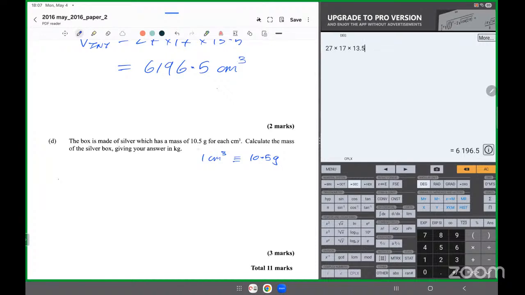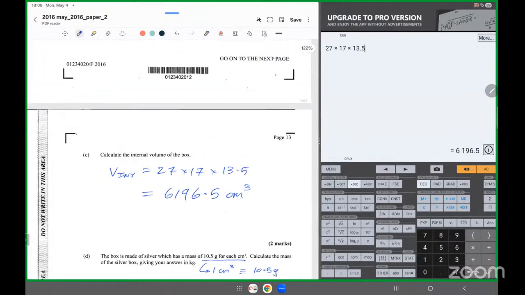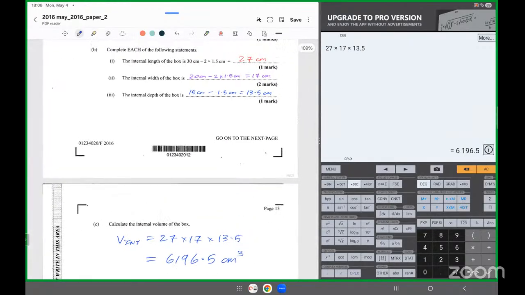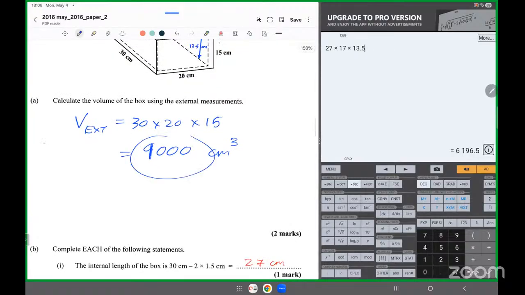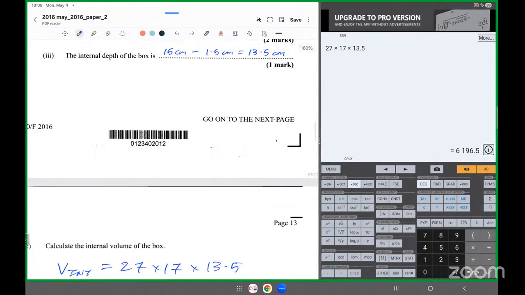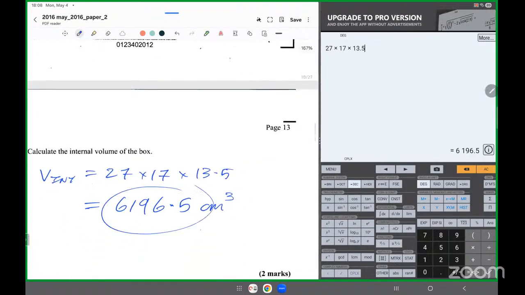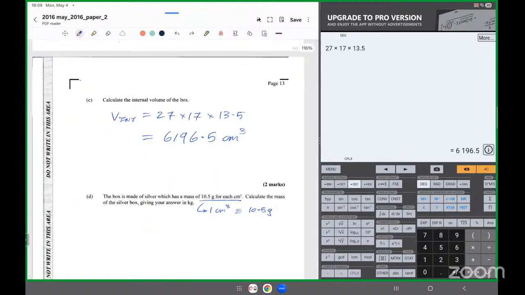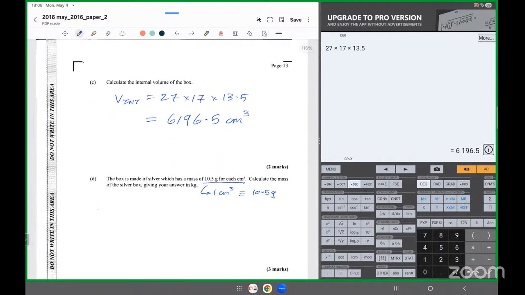So look now, let's think of it, guys. The external volume of the box is this, 9,000. And the internal volume, which is the space of the box, is this volume. So the volume of the material in the box, the bottom and the sides of the box, must be the external volume minus internal volume, don't it?